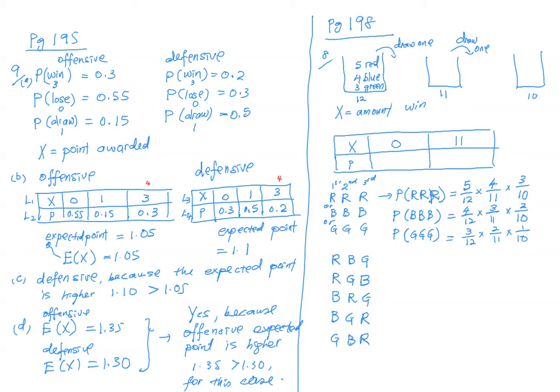All are different, correct? Or green, red, blue. Okay, so I have 1, 2, 3, 4, 5, 6 possible outcomes.